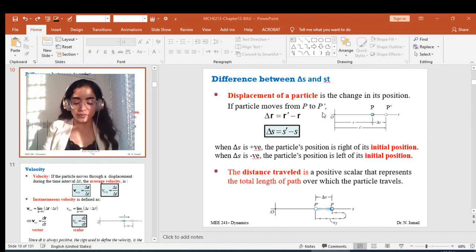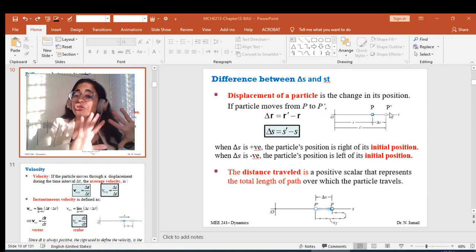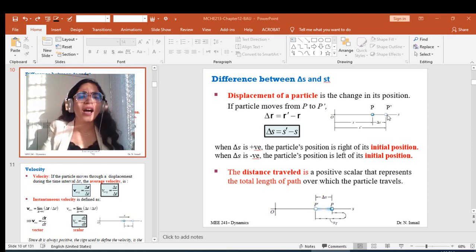If I am at time t, then S will be OP. If I am at time t prime, then S will be OP prime, and I'm not concerned about the path followed from P to reach P prime. It doesn't matter for me. It doesn't matter in the definition of displacement.